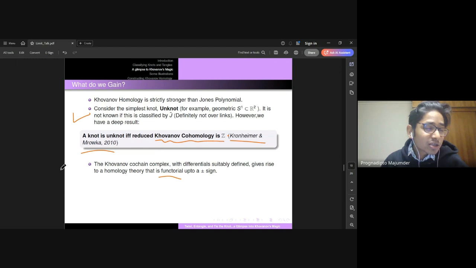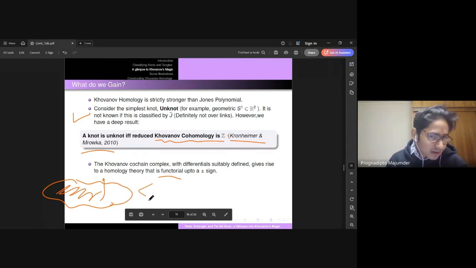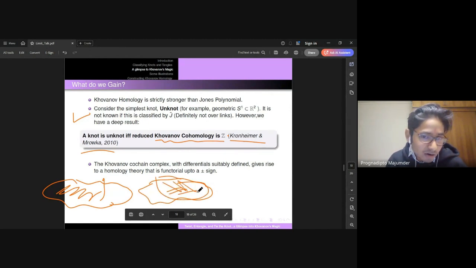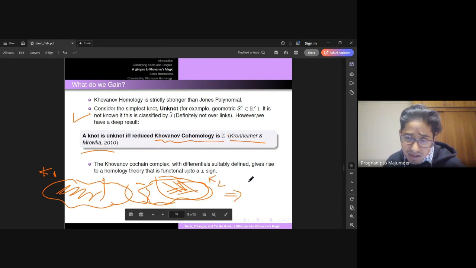So when I have two knots, K1 and K2, and I'm not caring about the rest, this part I want to join. This is K1, this is K2, and I join them by this edge here, something like this.